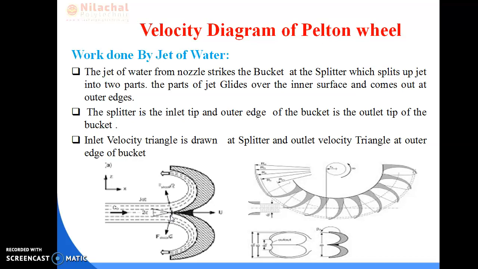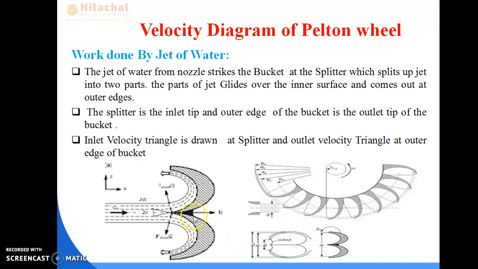After the striking of the water at the splitter, the jet may be deflected at some angle. So we have to draw the velocity diagram. The turbine is mounted upon the shaft along a horizontal direction.